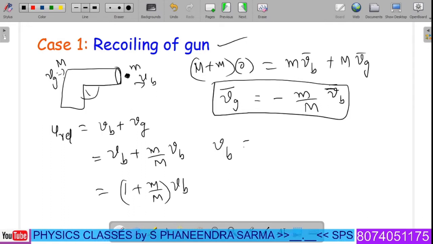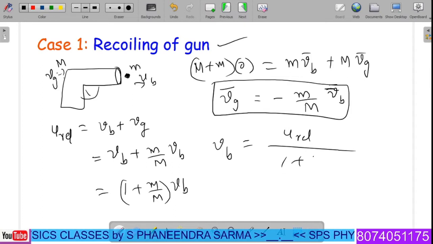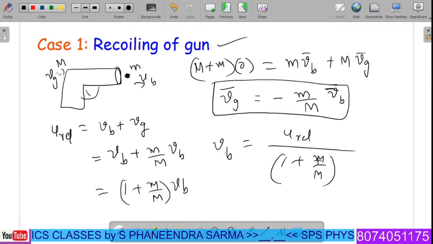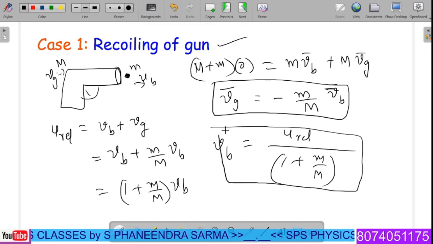Therefore, when the relative speed is given, the speed of the bullet is u relative by 1 plus m by M. So in the given problem, the examiner need not give you the velocity of the bullet.